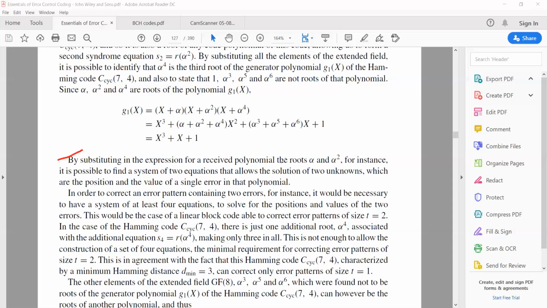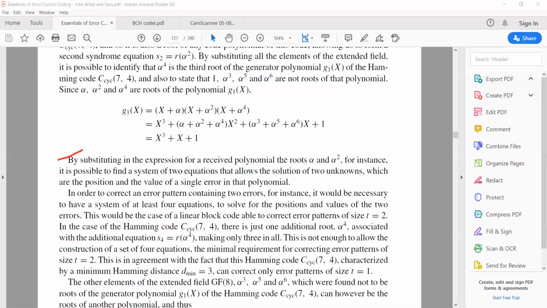The roots, okay, I'm just repeating it. Maybe this is difficult to understand. We have calculated the roots of the generator polynomial, and we know that the roots of the generator polynomial are equal to the roots of the generated code polynomials.